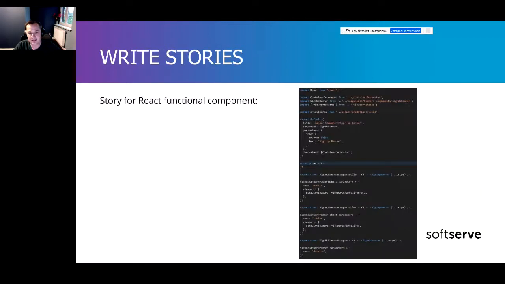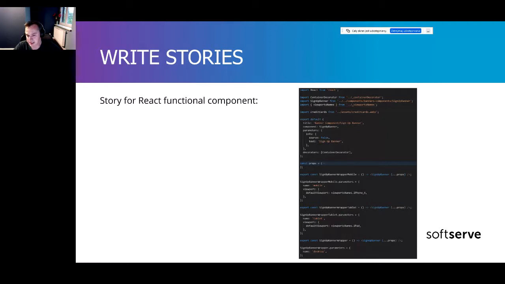When we have this data, we can write the story for our functional component. In this case, for example, you can see there is a sign-up banner from our components. We define different stories. Actually, in this case, there are 3 stories.